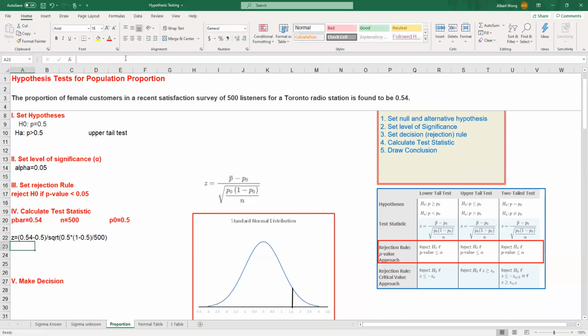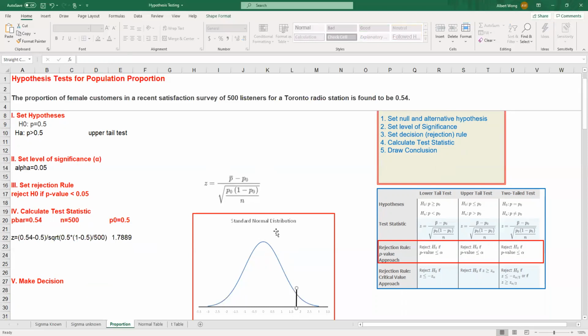And that's the formula. If you do the calculation, it is equal to 1.7889.